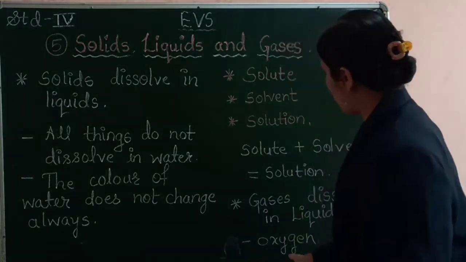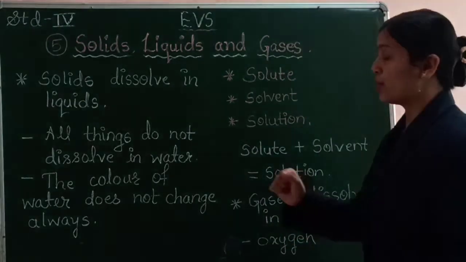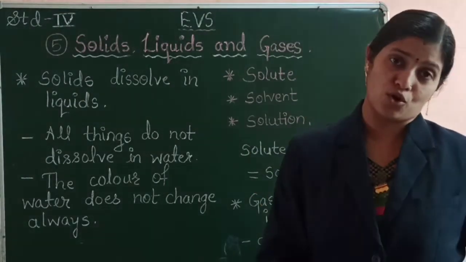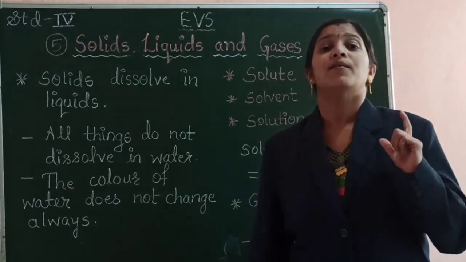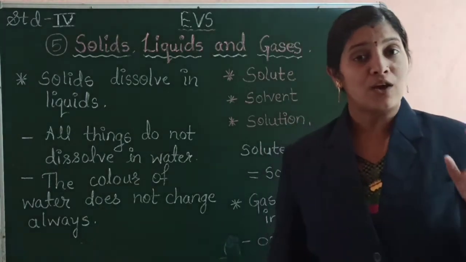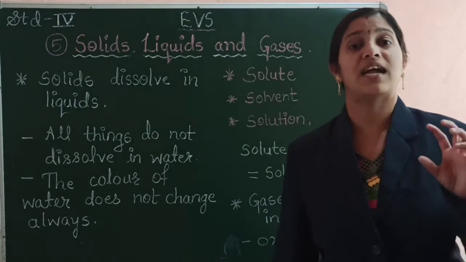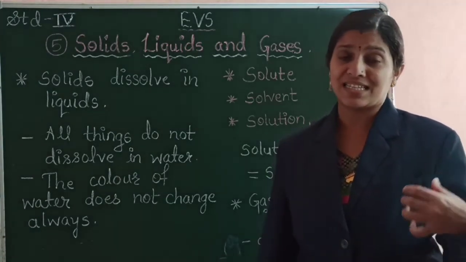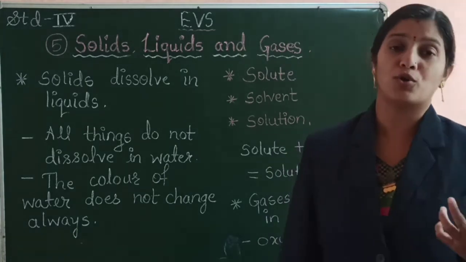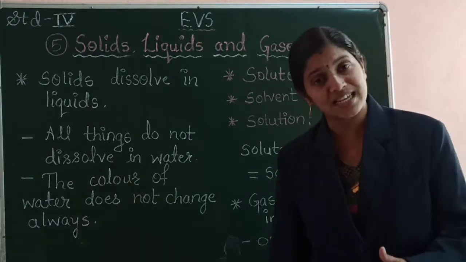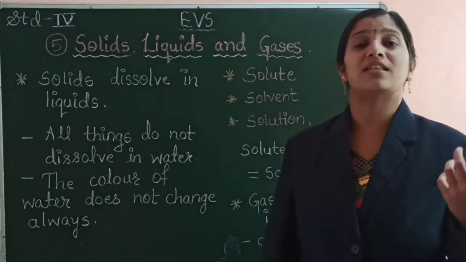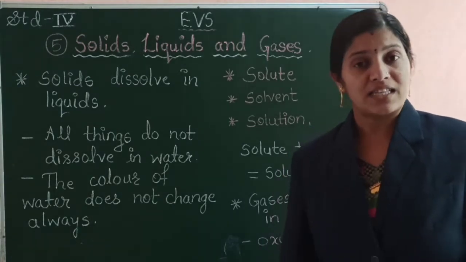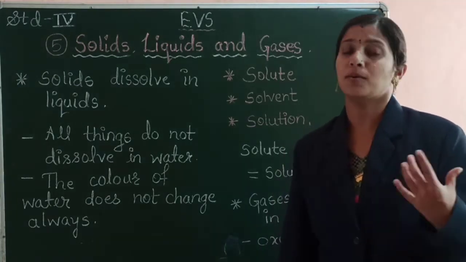For example, oxygen is the best example of a gas that dissolves in water. We all know that oxygen is present in water, and that is why the animals that live in water, they can breathe inside the water also, because oxygen which is present inside the water is used by the fish and other animals that live in the water for breathing.